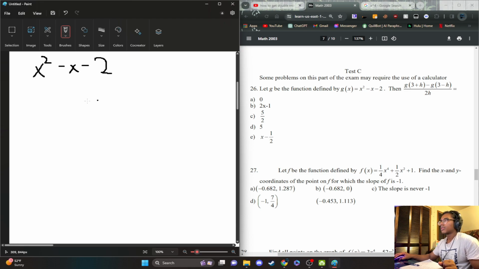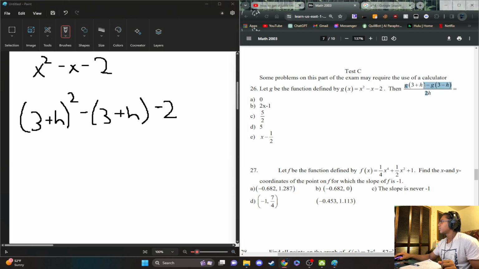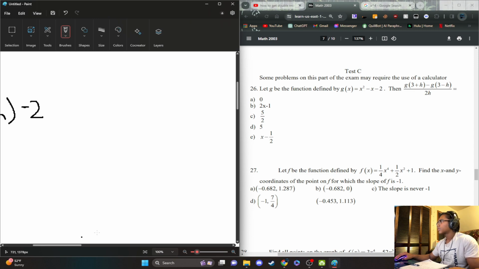You plug in g of 3 plus h, so what you get is x squared, you open up 3 plus h, and you substitute whatever they're saying. Minus 3 plus h, minus 2, right? This is your g of 3 plus h. Now we have to do that with 3 minus h, so g of 3 minus h. So let's plug it in.